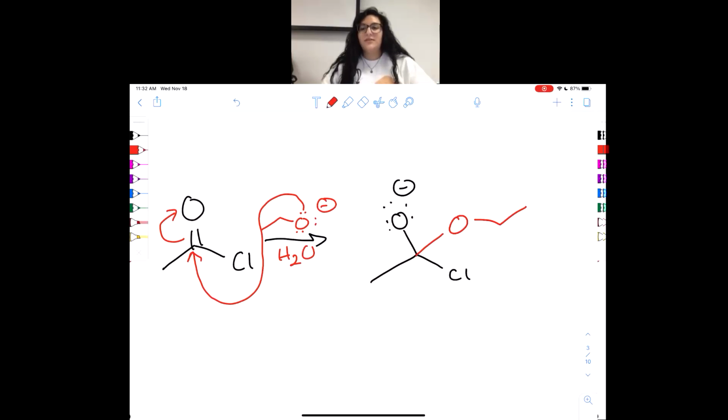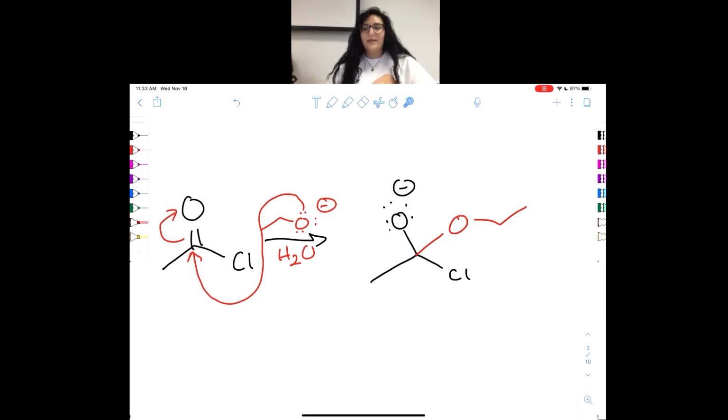We can do some kind of proton transfer, or we can reform sp2. Awesome. So if we wanted to protonate it, we could either take a hydrogen from the H2O, or in the past, we've had a hydrogen still on this oxygen, but we don't have that in this case. So intermolecular proton transfer is not an option.